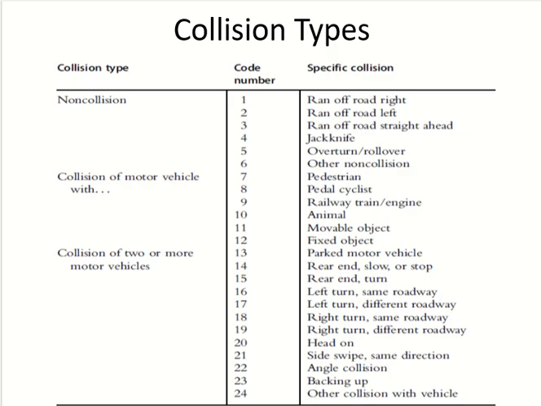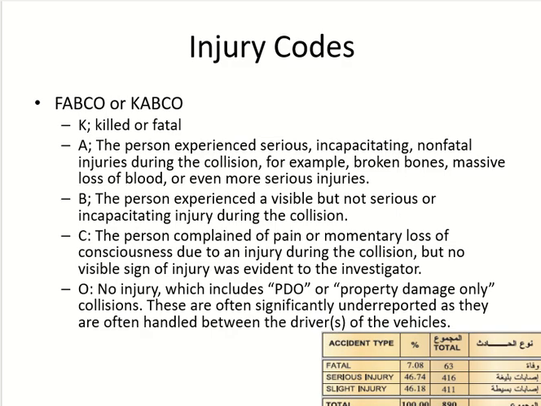That is a jackknife. Anyway, you see the point. In a non-collision, there is no other road user involved. In the second type, other road users are involved, even animals, and then we have two or more vehicles. The list can be longer as well. That was according to the type of accident.